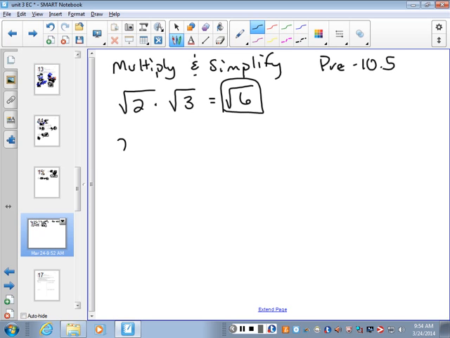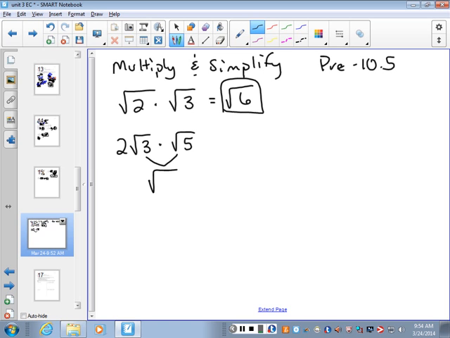How about this one? 2 square root of 3 times the square root of 5. What do you think I can multiply together in this problem? Square root of 3 and square root of 5. These two can be multiplied. They're both radicals. In that sense, they're like.